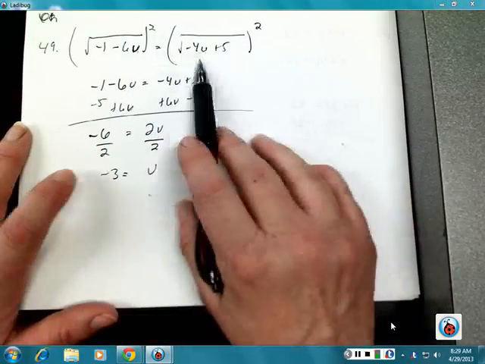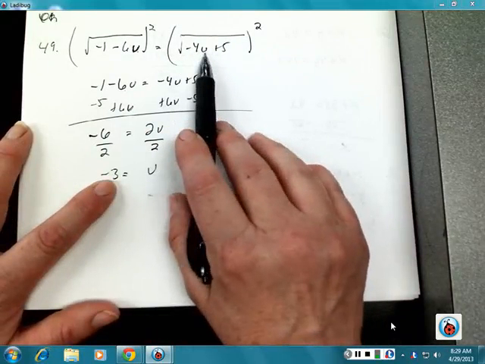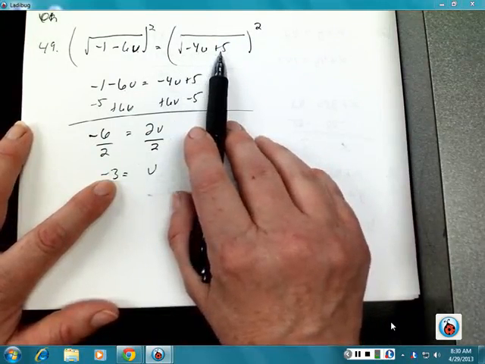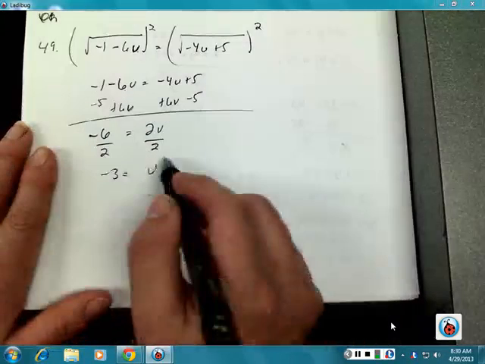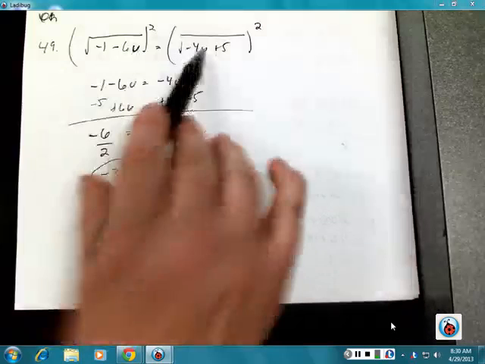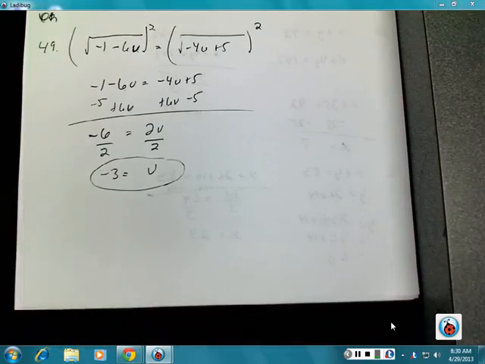Over here, -4 times -3 is a positive 12, and a positive 12 plus 5 is still good, so I can still get the square root of 17. So -3 would be my answer, right? But if that would make any of this stuff come out negative, then I can't use it. So keep that in mind sometimes with those. Again, be careful with what you have. All right, anything else in chapter 9?